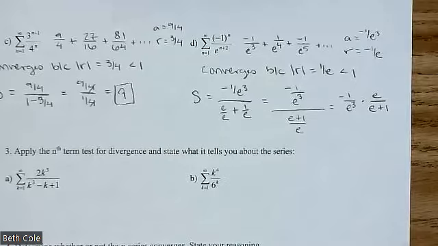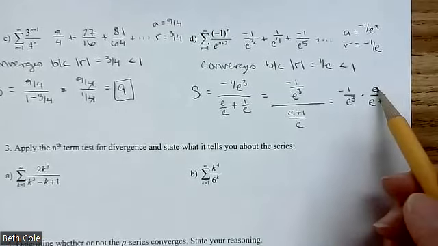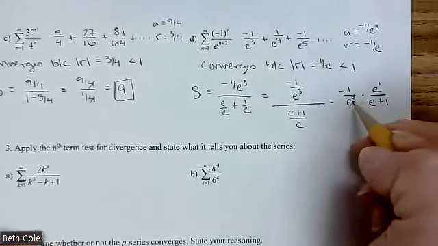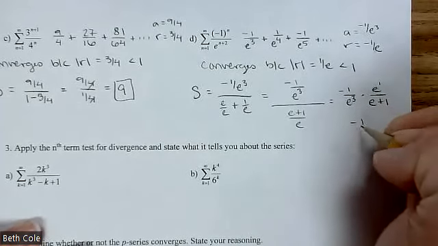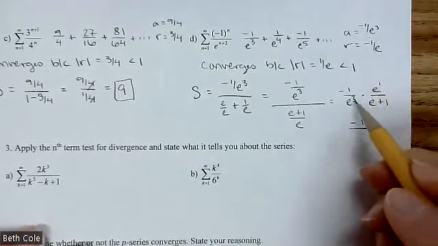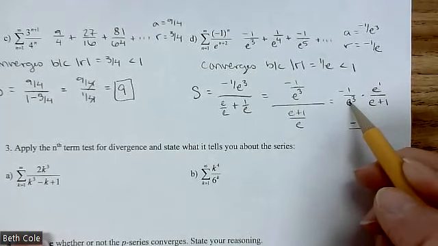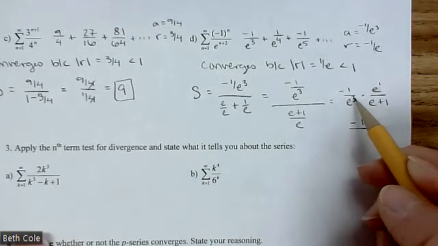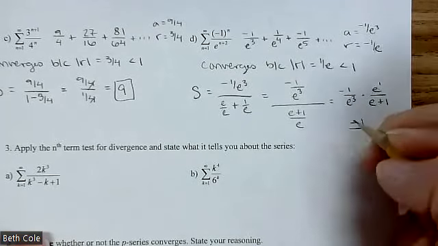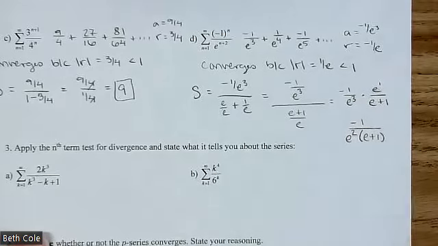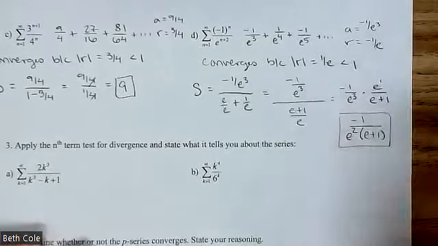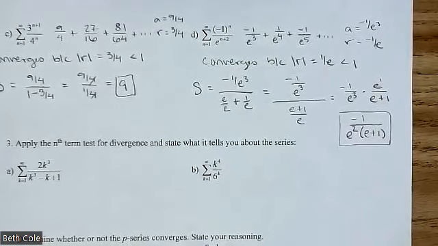And not a whole lot can be done with that, but you have e to the 1 here, and then you have e to the 3rd. So one of the e's will cancel, and that'll make that be what? e squared, and then e plus 1 is kind of just there. You just got to throw some parentheses around it. That's a great answer.